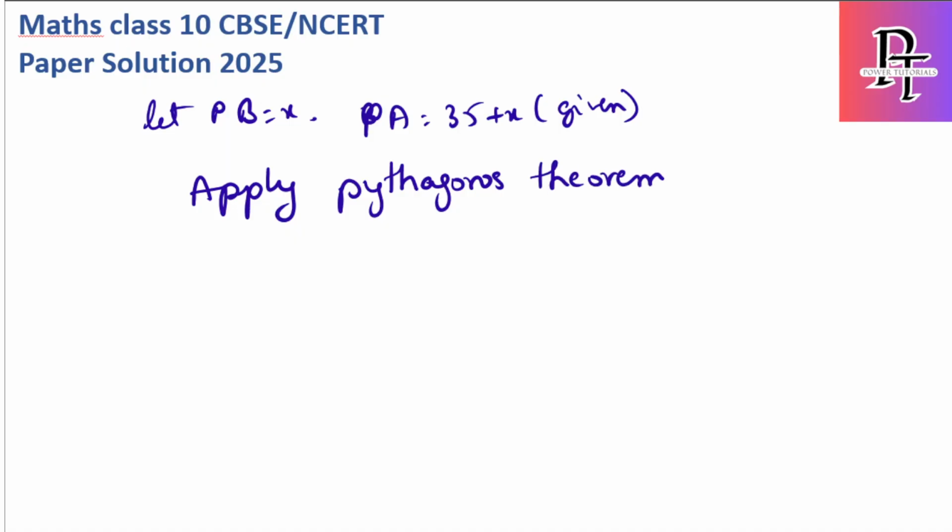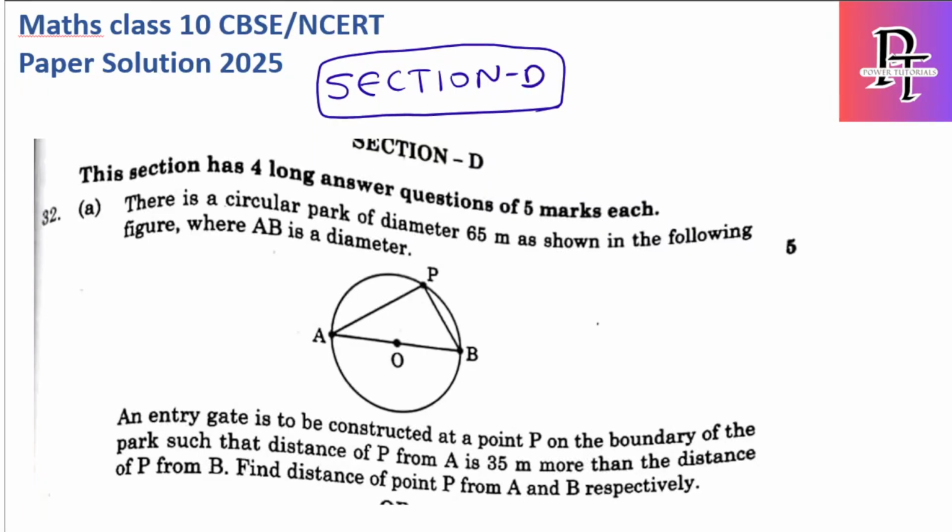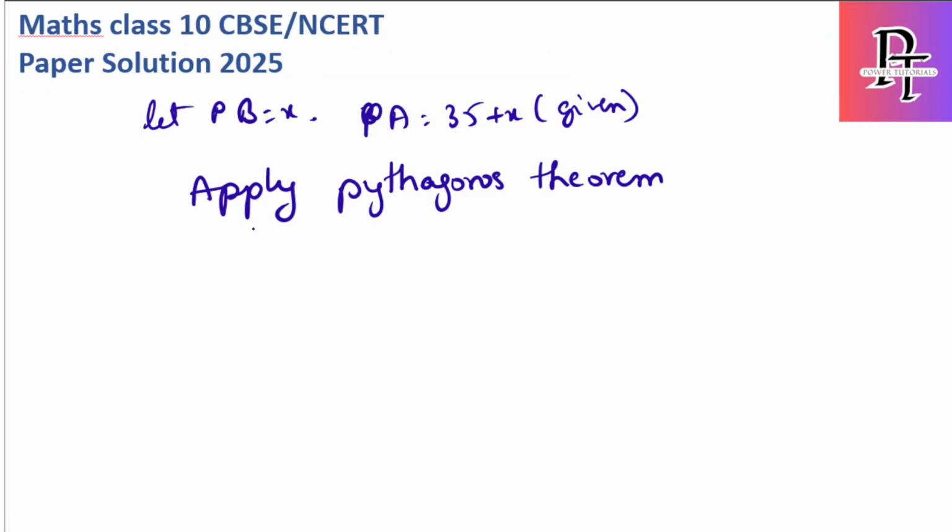What the Pythagoras theorem states: the diameter square, which is 65 square, is equal to x plus 35 whole square plus x square.